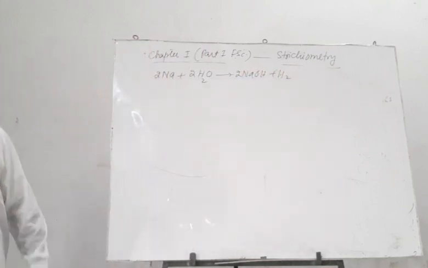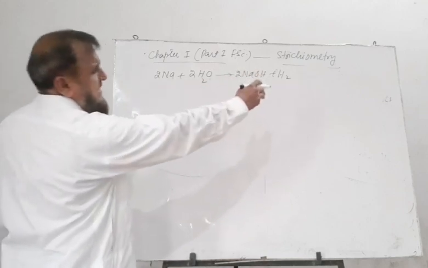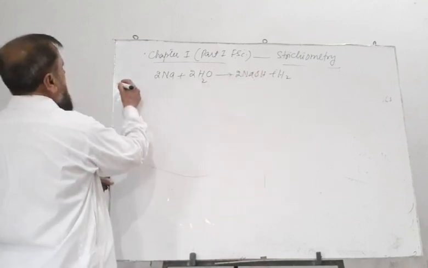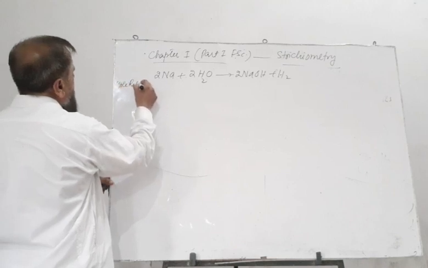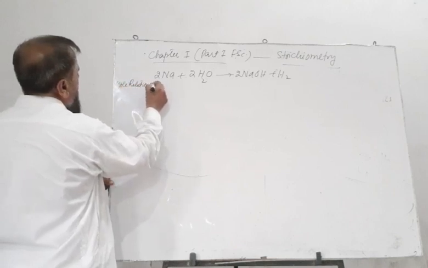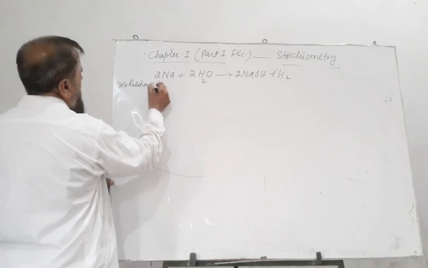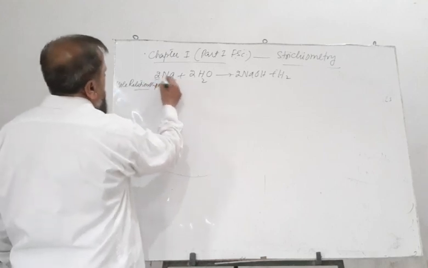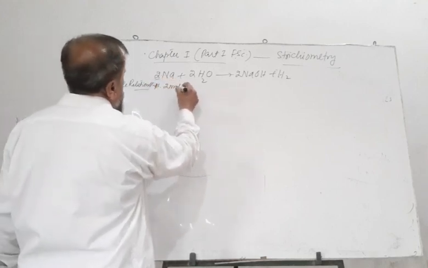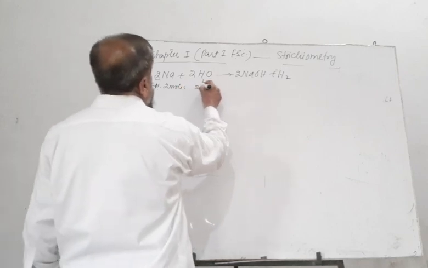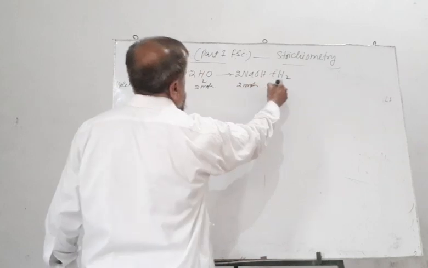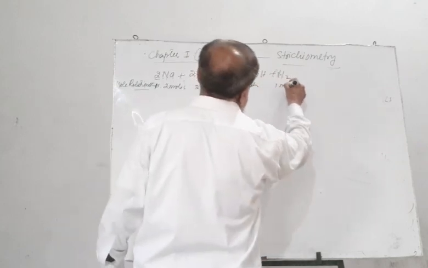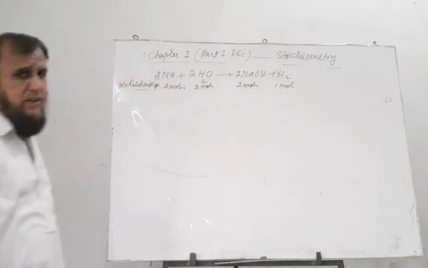The different relationships present in this chemical equation may be mole relationships. For example, it shows that 2 moles of sodium react with 2 moles of water to produce 2 moles of sodium hydroxide and 1 mole of hydrogen.